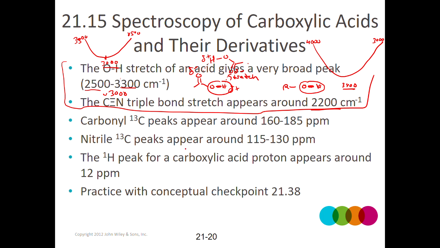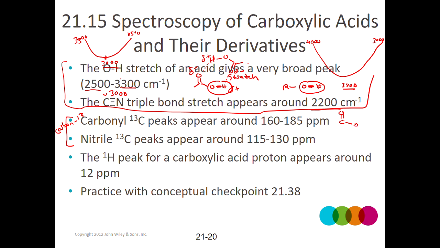So we want to talk about the carbon NMR a little bit. Carbon 13. A couple things you want to note. The carbonyl peak is usually around 160 to 185 for carbonyls that have a heteroatom bonded to them. So an OH, an OR, an O, CO double bond.